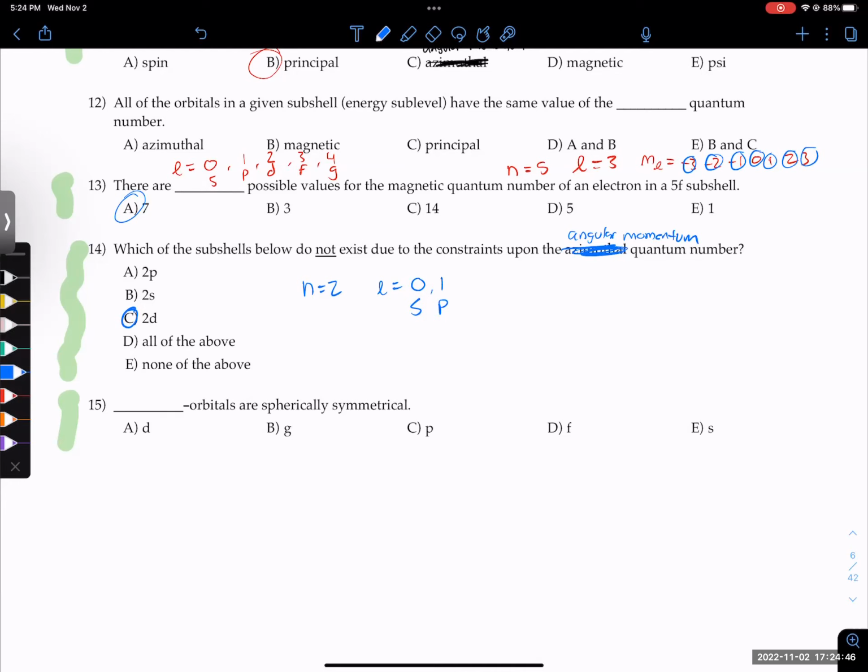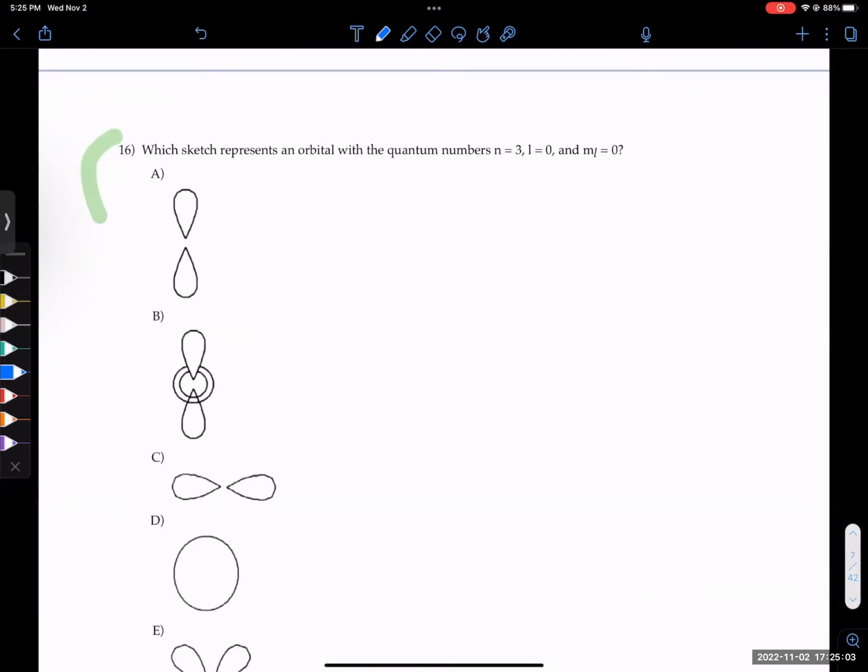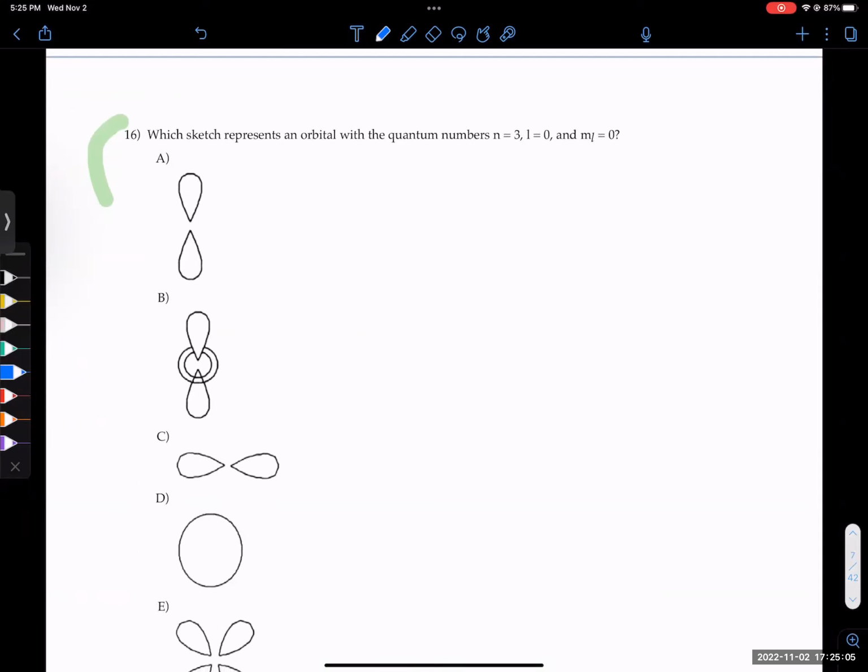Let's see if you know your orbital geometry. Which orbital is spherically symmetric? S, right? That's a pretty easy question. But this one, these 3 quantum numbers correspond to a specific orbital.